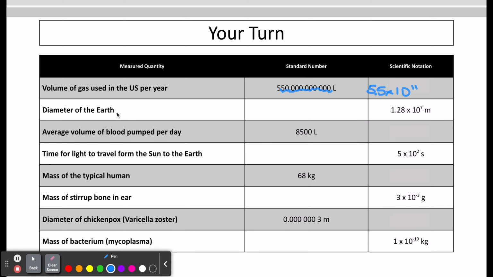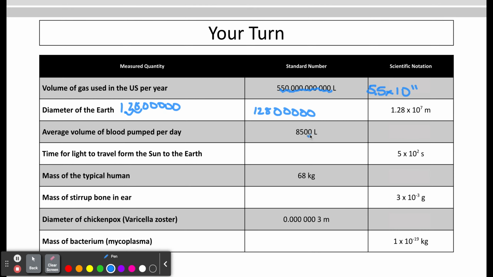So again, I'm just going to write it here because it makes it a little bit easier. So I'm moving it 1, 2, and then I have to move it 5 more times. So 3, 4, 5, 6, 7. I think that's the number of zeros. Yep. And then the average volume of blood pumped per day, so 8,500 liters.